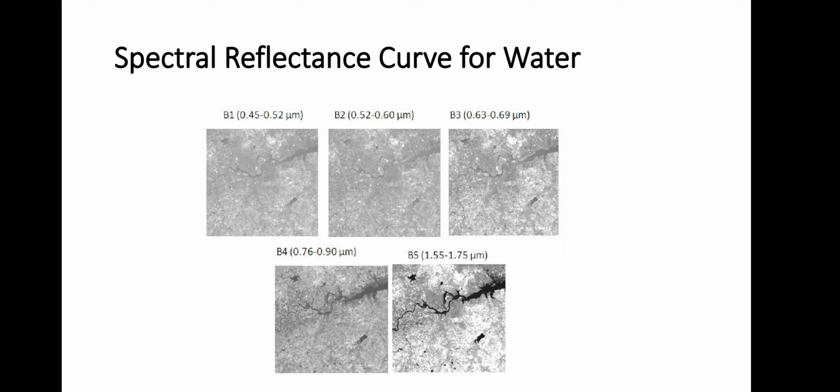whatever band it would be, in band 1, band 2, band 3, band 4, band 5. In each band I can clearly see the water body as it is appearing dark compared to the background characteristics, with sharp contrast and extremely sharp contrast in the IR bands.